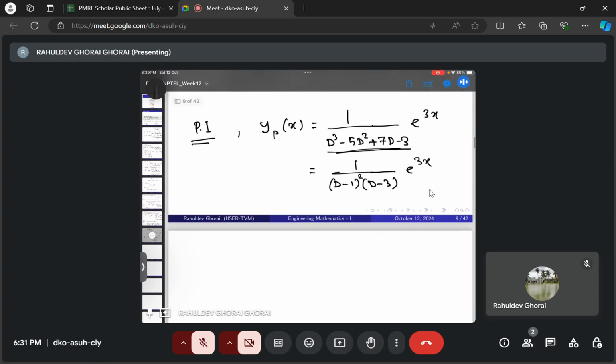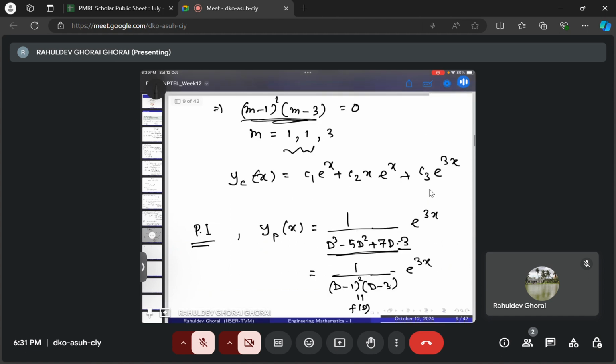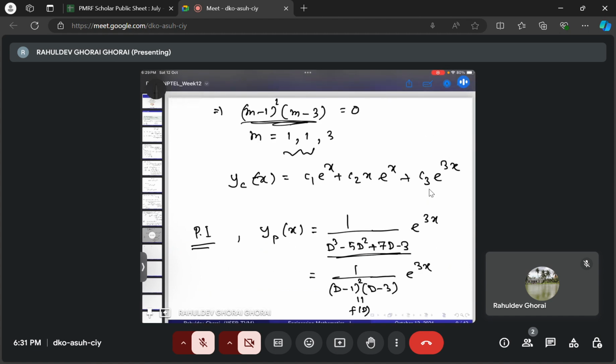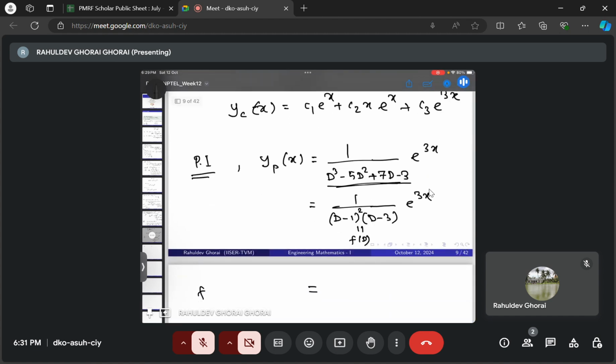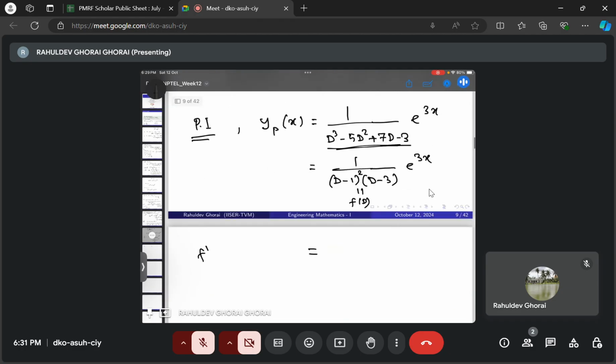So what I said here, this one you can write as, let's say f(D). Then f has 3 once and 1 twice, right? So in this case, what will be the solution? Since 3 occurs once, it will be f prime of D. What will be f prime of D? It will be 3D square minus 10D plus 7, right?